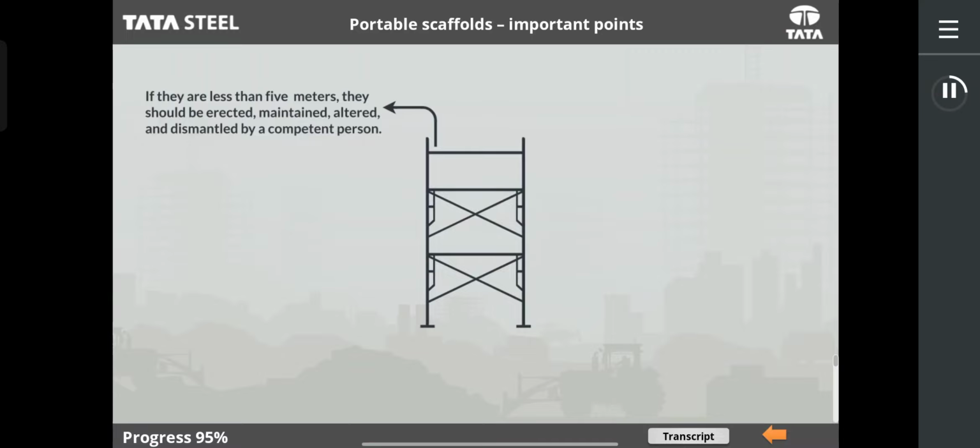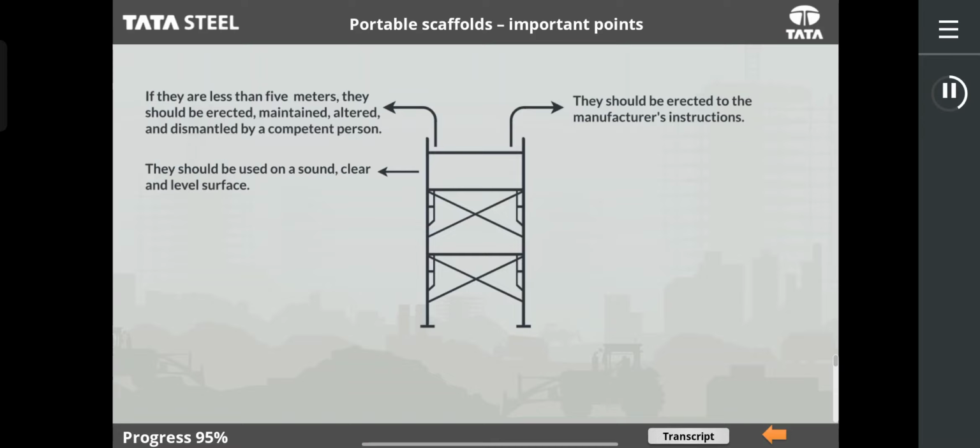If they are less than 5 meters, they should be erected, maintained, altered and dismantled by a competent person. They should be erected to the manufacturer's instructions. They should be used on a sound, clear and level surface. Ensure working platforms are decked to the full width and adequately restrained against displacement.